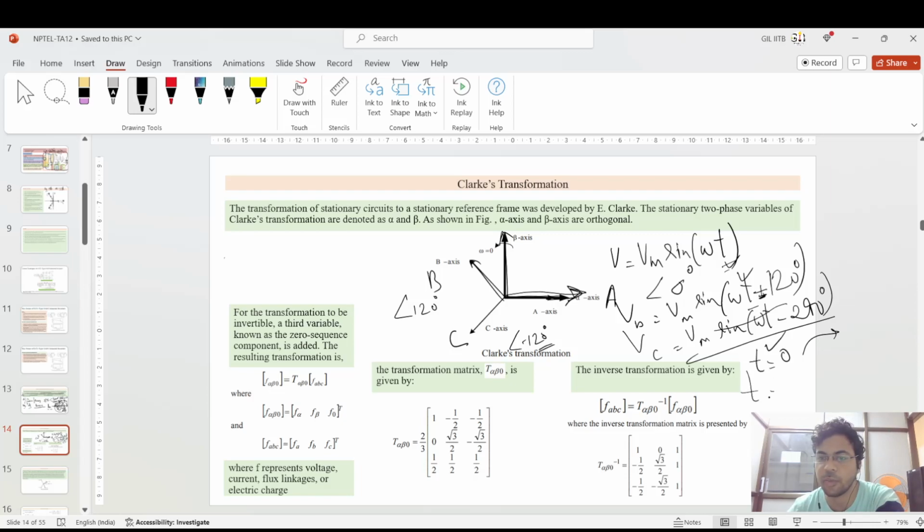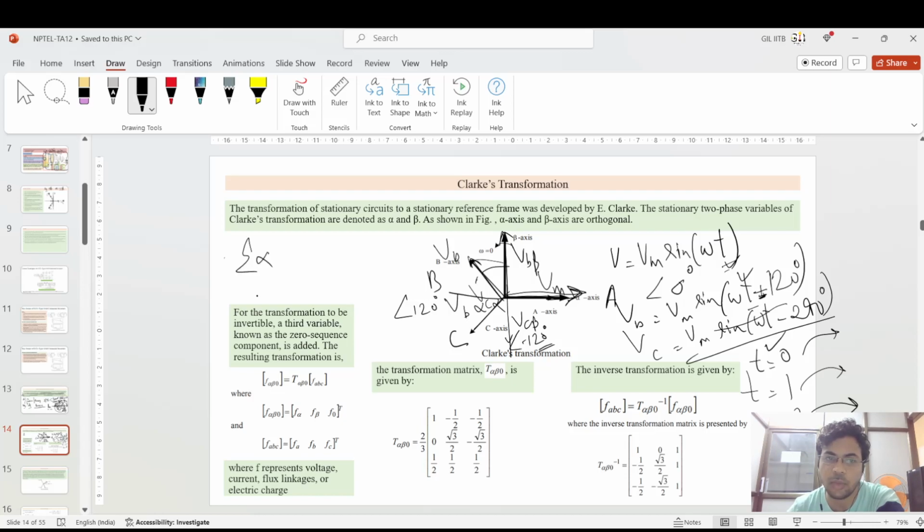So time varying components means if the time is 0, then the value will be different. At time equal to 1 second, this value will be different. Time equal to 2 seconds, all values will be variable. So what we do, suppose this is Vm, then we take the transformation into two domains, that is, take an x-axis component and a y-axis component. So this Vb is transformed into two components, that is Vb beta and Vb alpha. And the same happens with this Vc.